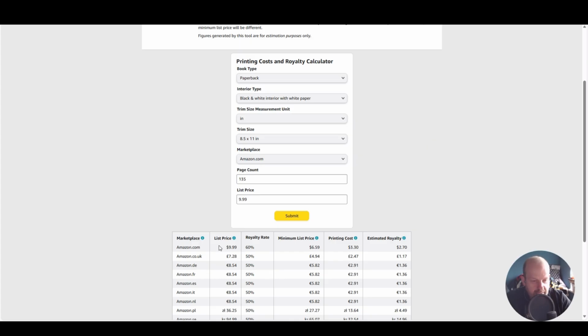Now, you'll also notice that here, just because I'm at the threshold for the US, I'm not hitting it in the UK. It's got to be 7.99 for the UK price to be at the 60% margin. So normally, and again this is me being lazy, I would probably price the book in the US at $9.99, but I'd let the KDP upload process convert it into the relevant currency.